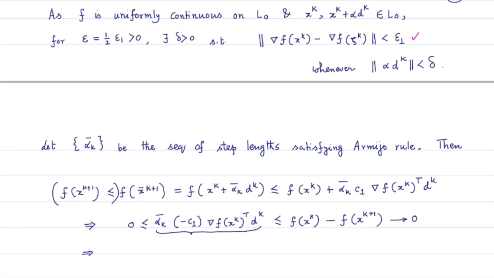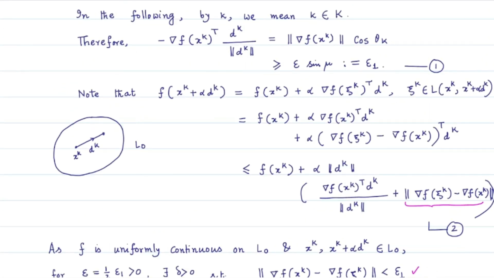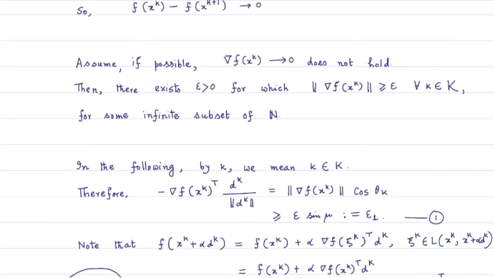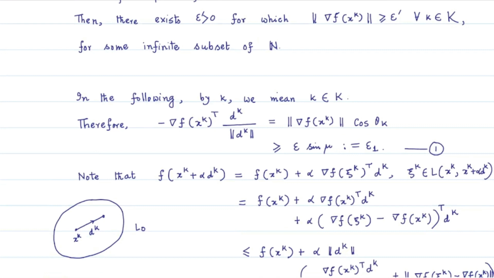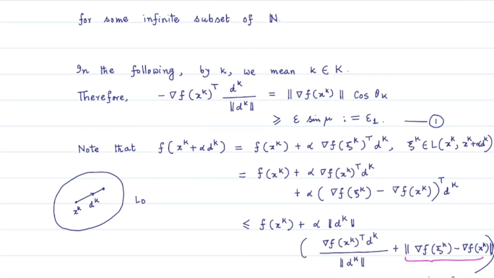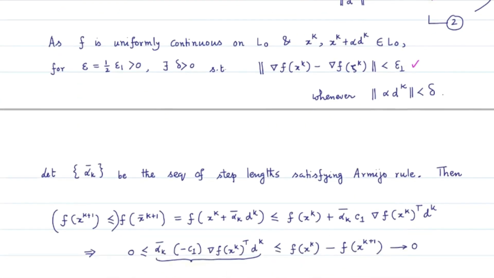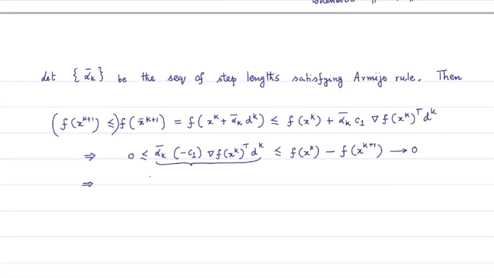And as the norm of the gradient of f(x_k) is greater than or equal to epsilon, let me put here not epsilon, because I have considered epsilon later also. So let me say epsilon dash, for some positive epsilon dash. As this gradient of f(x_k) has norm greater than or equal to epsilon dash, ultimately the sequence alpha_k bar times norm of d_k tends to 0.